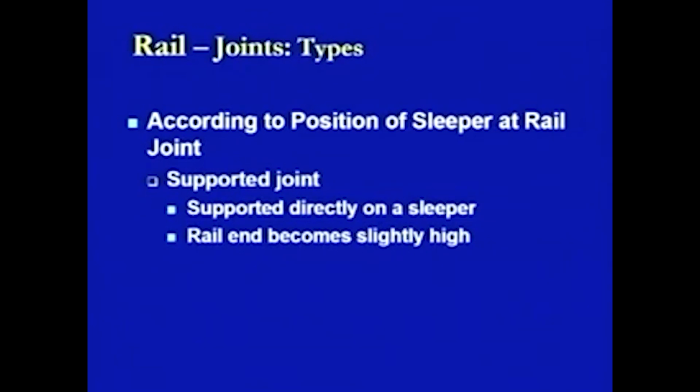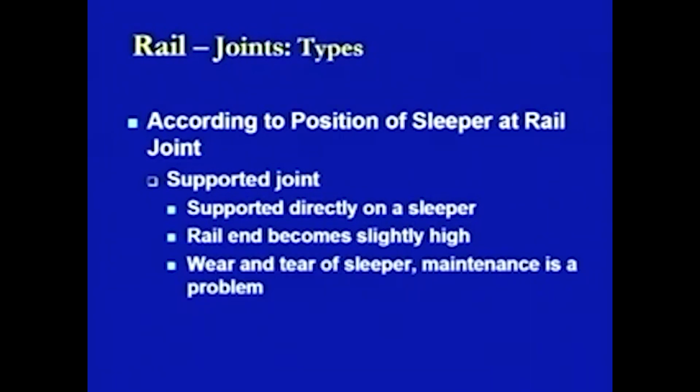As you have seen in the previous cases, all those rail sections have been supported with sleepers. Now, as soon as a sleeper is provided below the joint, it causes some change in the level of the rail sections at the joints, and it goes a little above the normal level of the rails.